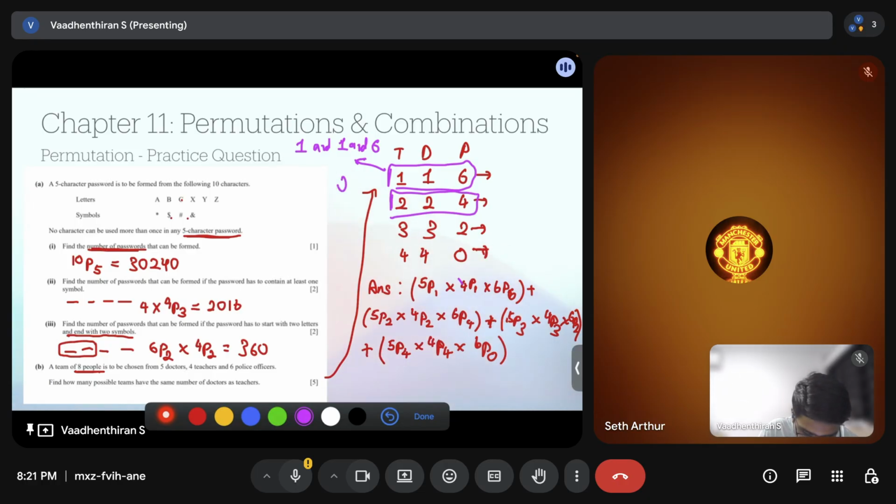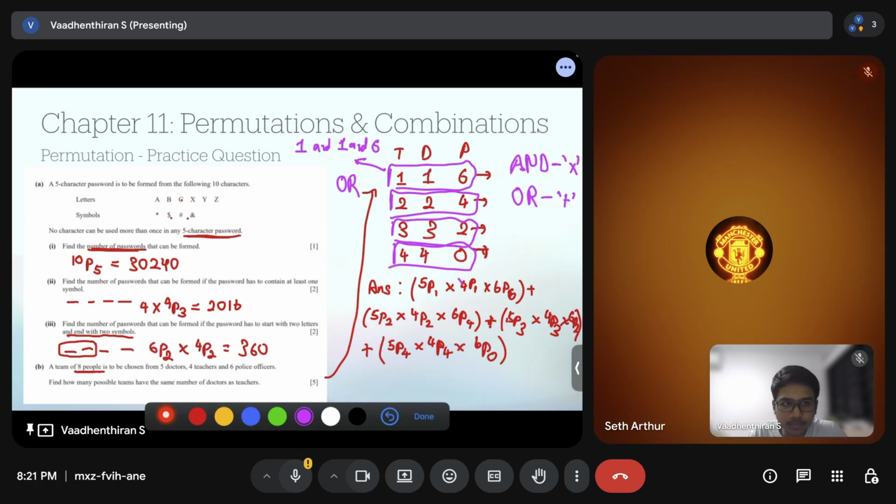When there's an "or", you use addition. So you can remember "and" as multiplication and "or" as addition. These four are different sets, which is why we add the quantities, and inside the brackets we multiply because it's from the same set. Got it?